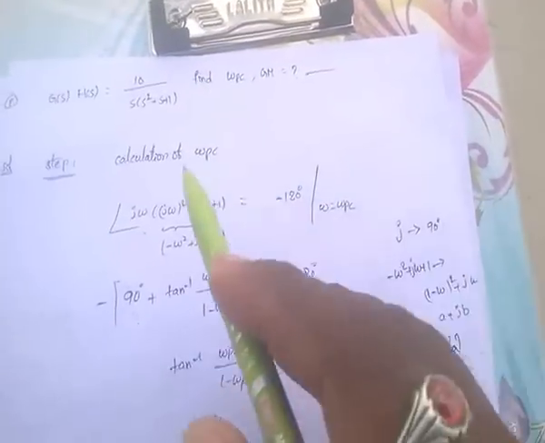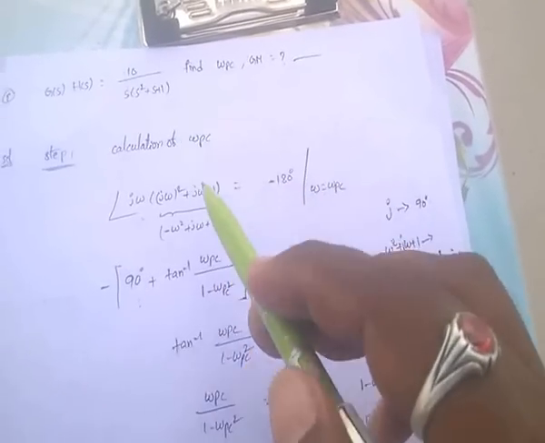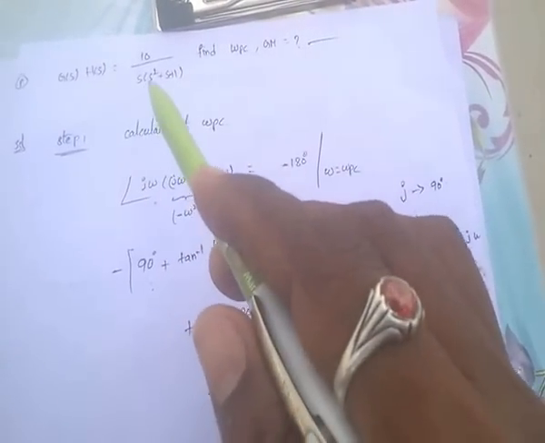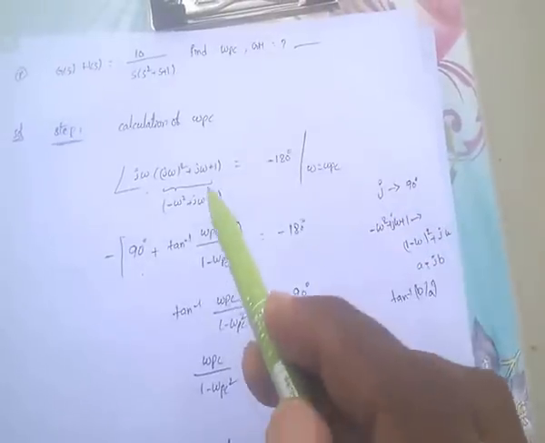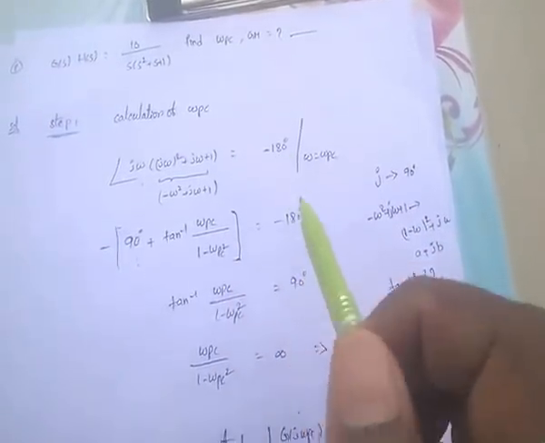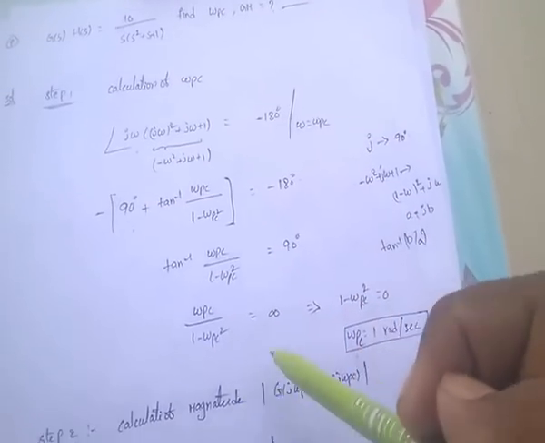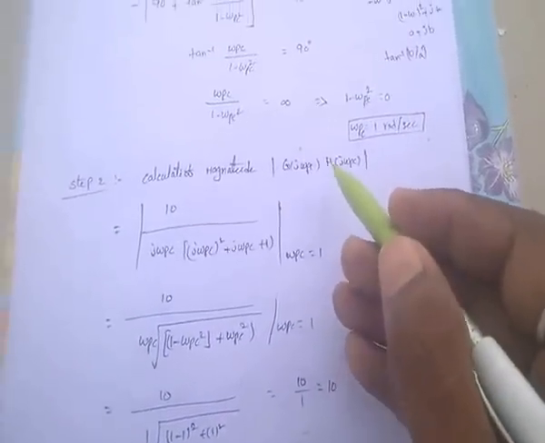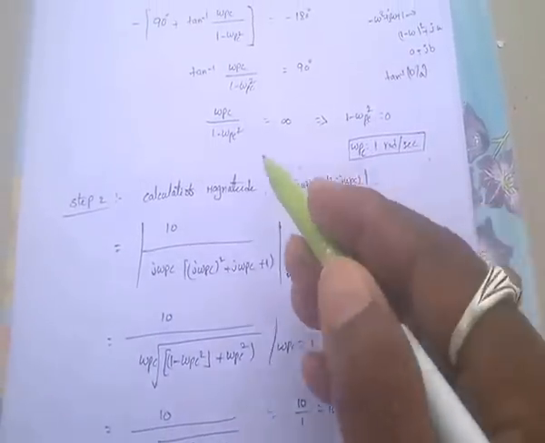Once again, first of all find out the omega PC. To find out the omega PC, just substitute in the place of S equal to j omega and equate the phase at omega PC equal to minus 180 degrees and find out the omega PC. And then next find out the magnitude of G of j omega PC and H of j omega PC at omega PC.